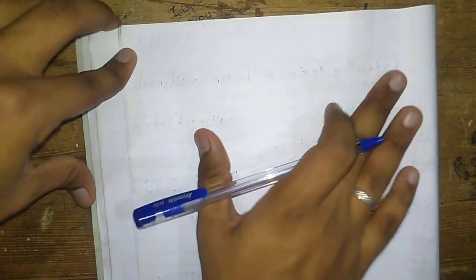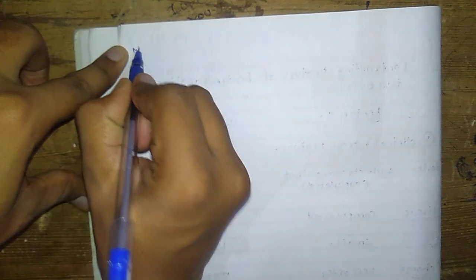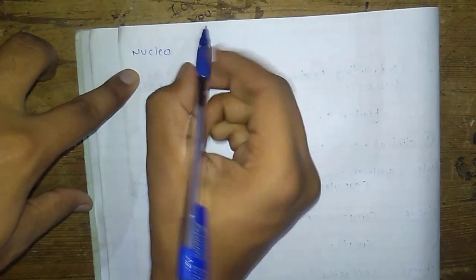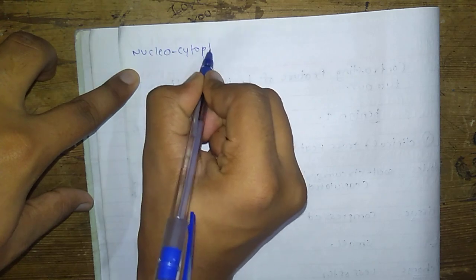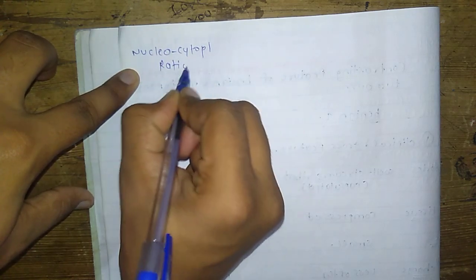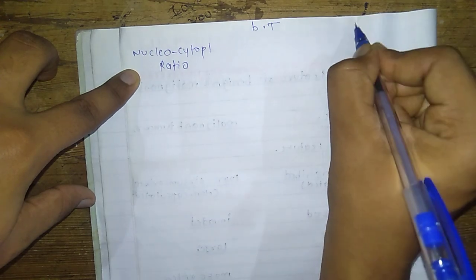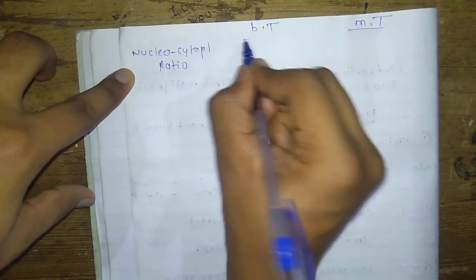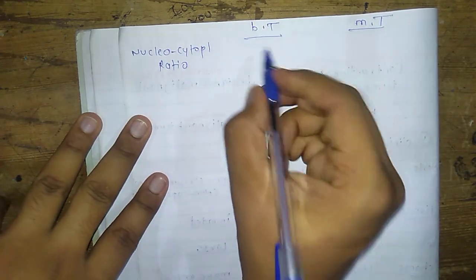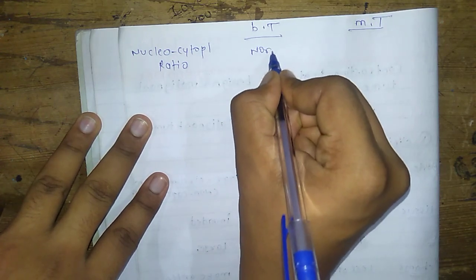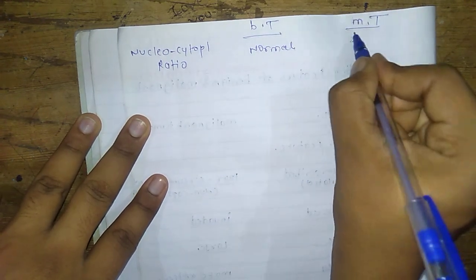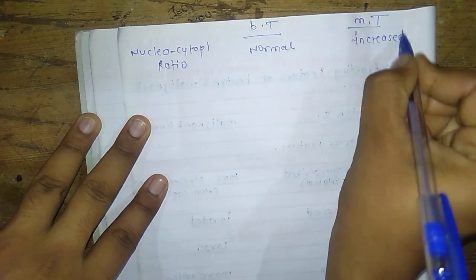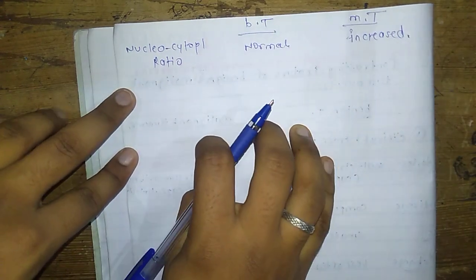Then next point we go towards nucleocytoplasmic ratio in the benign tumors and in the malignant tumors. In benign tumors nucleocytoplasmic ratio is normal, and in malignant tumor nucleocytoplasmic ratio is increased.